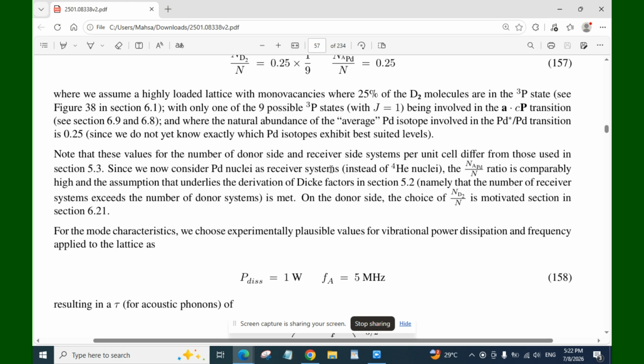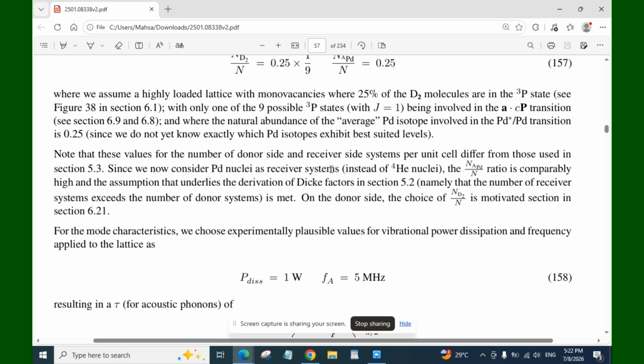Since we now consider palladium nuclei as receiver systems instead of helium-4 nuclei, the N palladium divided by N ratio is comparably high, and the assumption that underlies the derivation of decay factors in sections 5.2, namely that the number of receiver systems exceeds the number of donor systems, is met. On the donor side, the choice of the N deuterium divided by N is motivated in section 6.21.